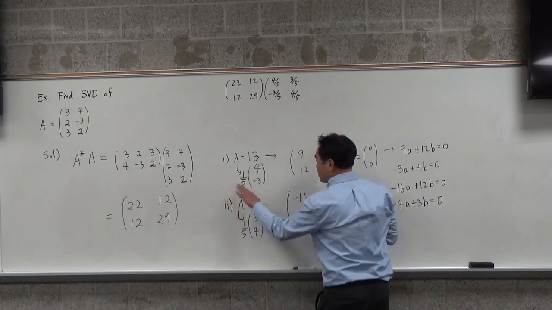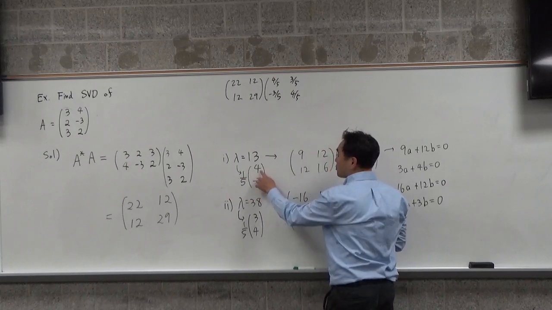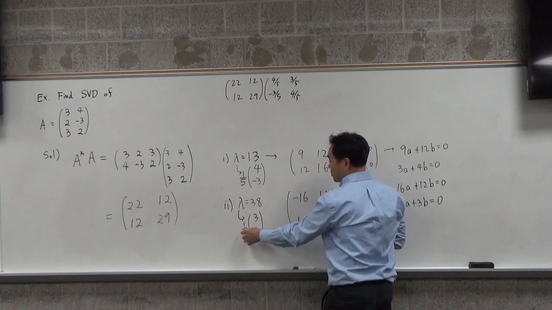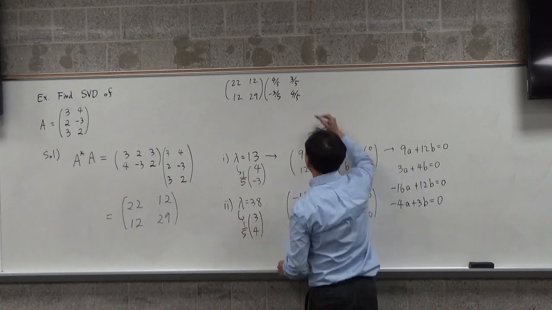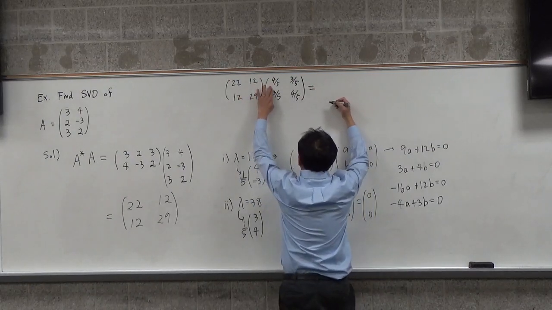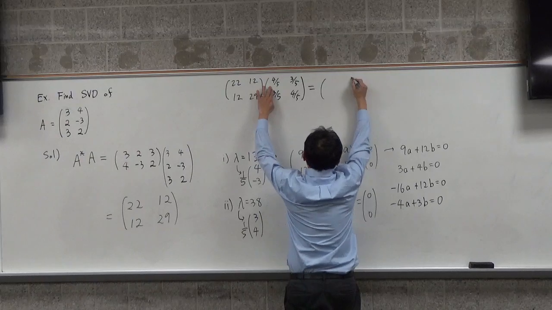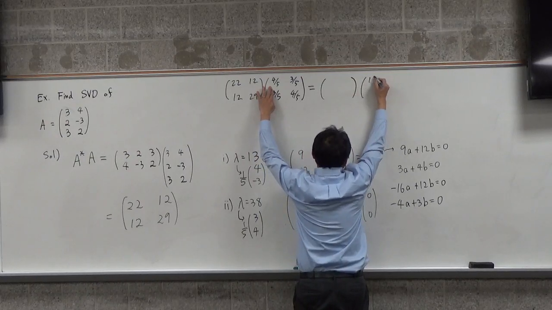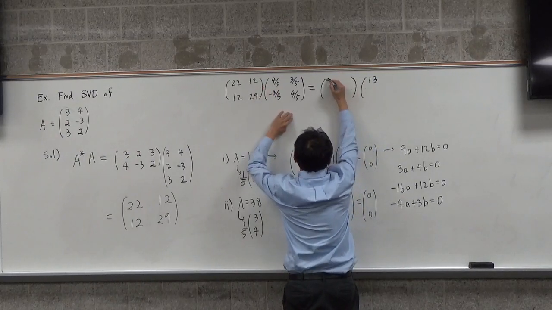I had the 5 pulled outside, but if I bring it inside, it's 4/5, negative 3/5, 3/5, and 4/5. Then this times this is 13 times this vector. Right?